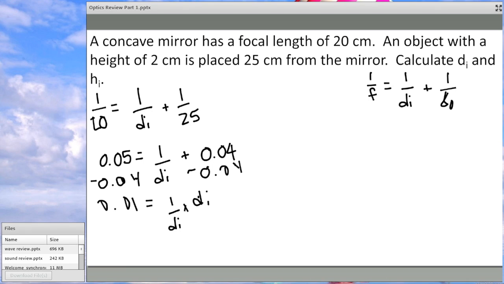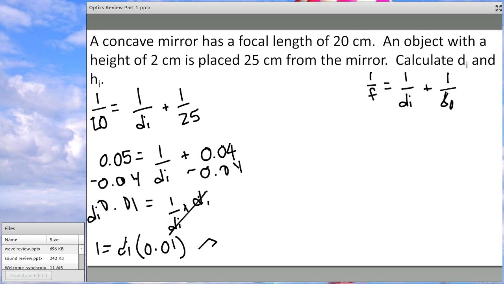So I'm going to multiply DI by both sides. Then I'll get 1 equals DI times 0.01.